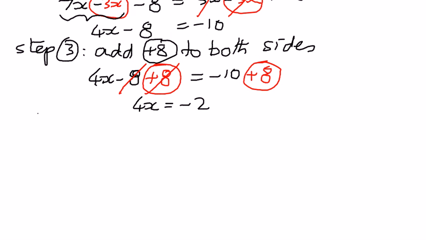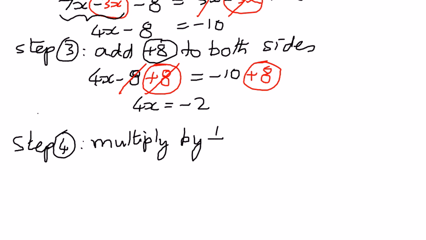We want to find the value of x. Therefore, we will write that as step number 4. To find the value of x, let me write this a little bit more cleaner. So this is step 4. To find the value of x, we want to multiply by the reciprocal of 4, multiply by 1 over 4.